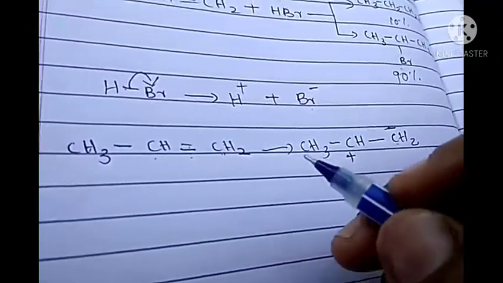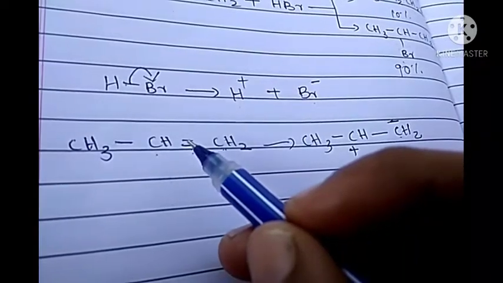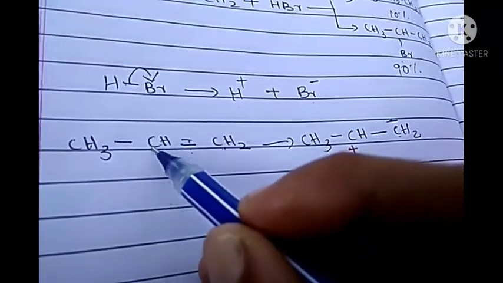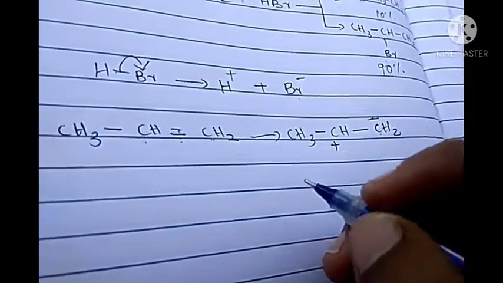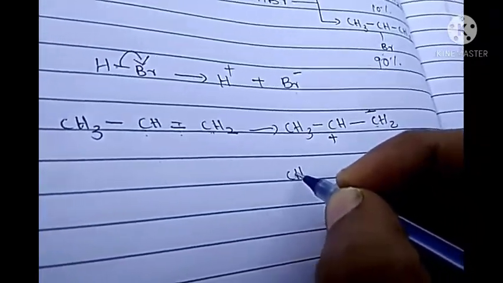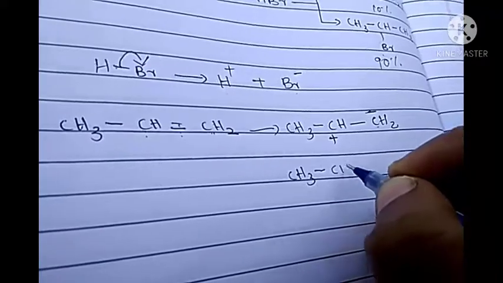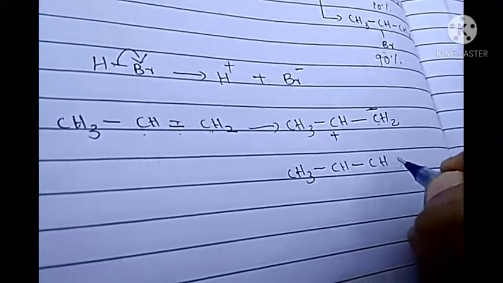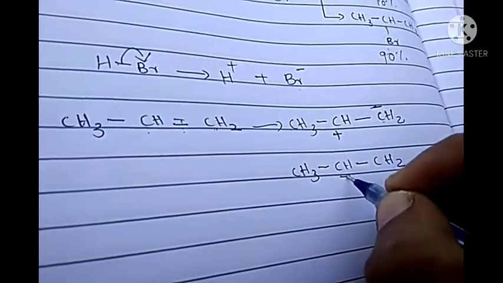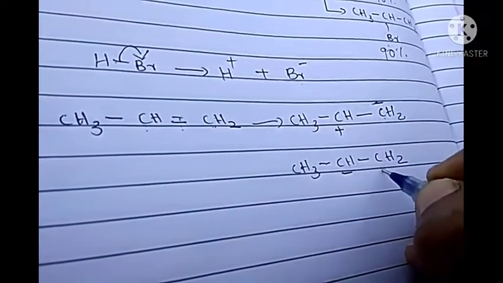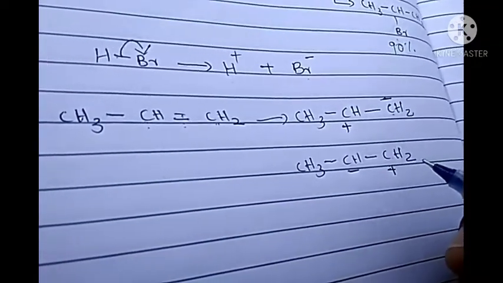Now, the second possibility is that while the pi bond is breaking, both the electrons move towards this carbon atom. So what will be the product we get? We get the product like this: CH3, CH, single bond, CH2. Electrons are moving towards this carbon, so this carbon gets a negative charge and the opposite carbon gets the positive charge.